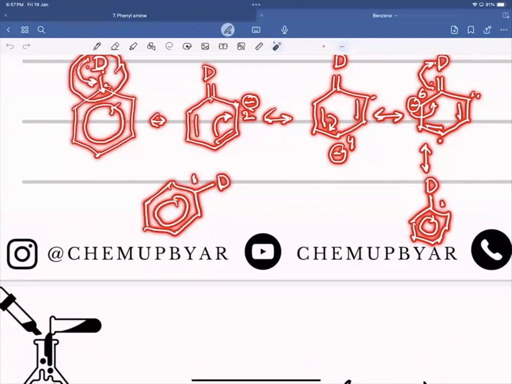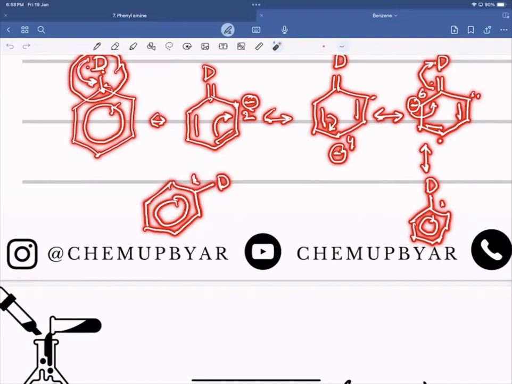Okay, sir. Got it. So what do electron withdrawing groups do? Electron withdrawing groups withdraw electrons from the pi system, so it won't be delocalized anymore.